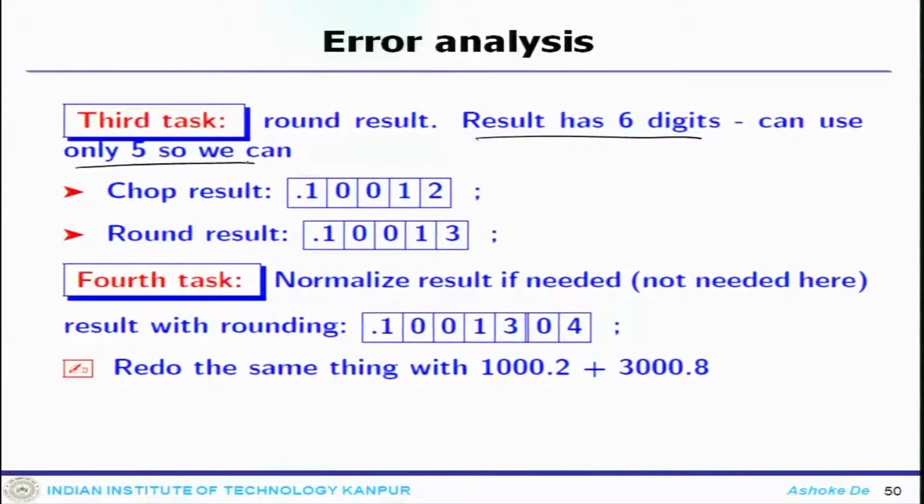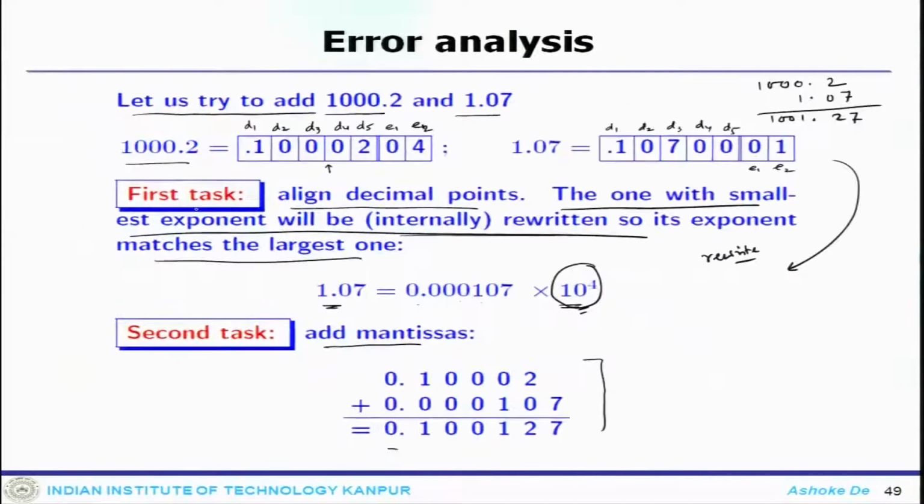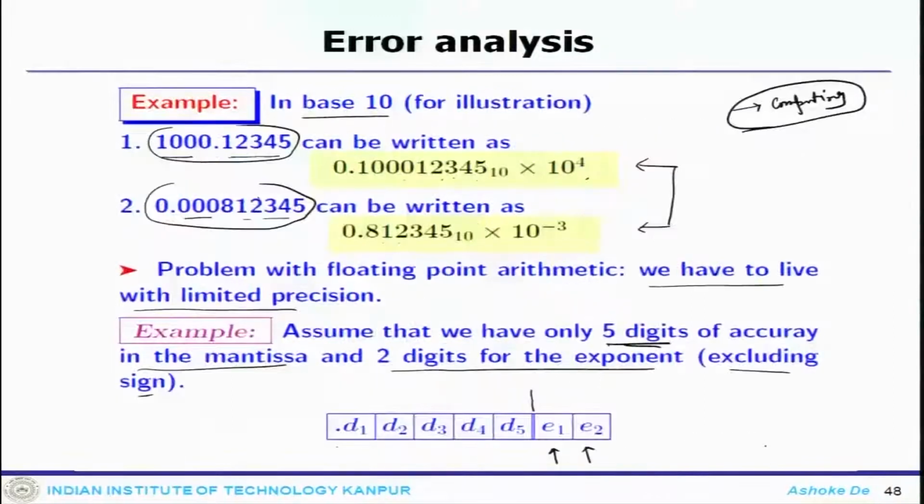So, we can chop the result. What have you got? You got D1, D2, D3, D4, D5, D6. So, the digits in the mantissa are 6 digits. Now, our precision as per the problem description is 5 digits of accuracy in the mantissa.